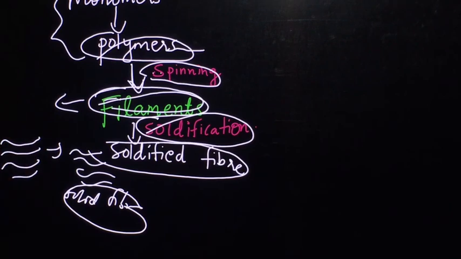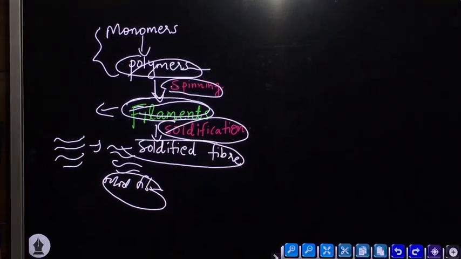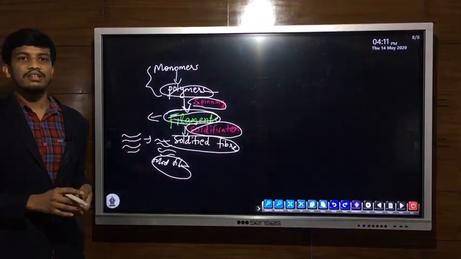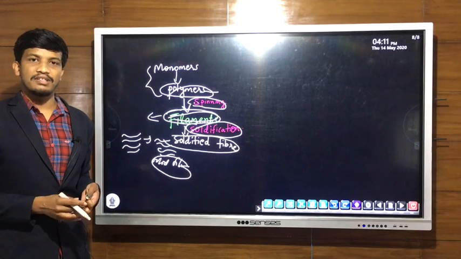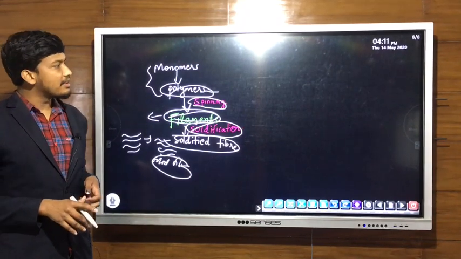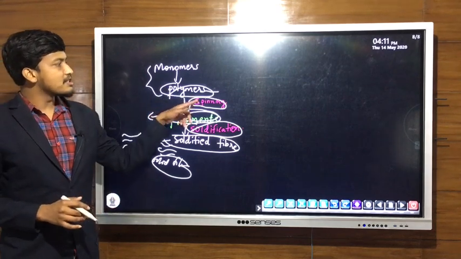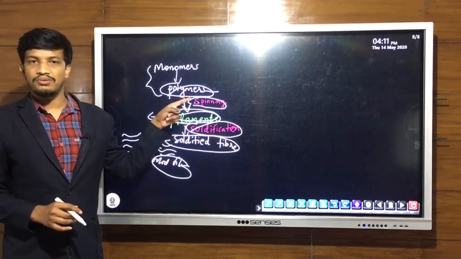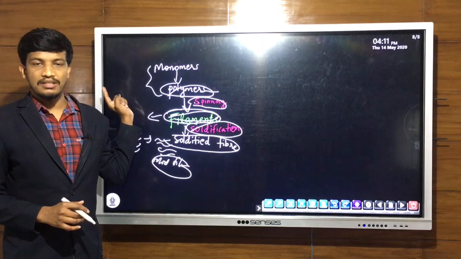So today we have learned about polymers and monomers. Monomer is the small unit, combination of monomers gives polymer, and combination of polymers gives fiber. Using this fiber we make cloth. Then we have studied about spinning. Spinning is a process which is used for the synthesis of synthetic fiber.